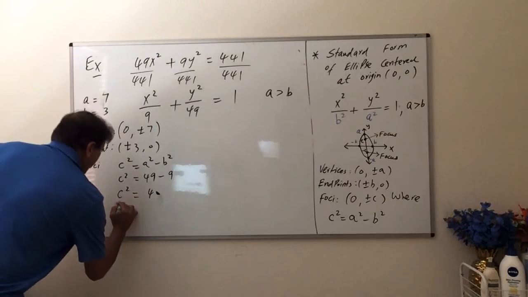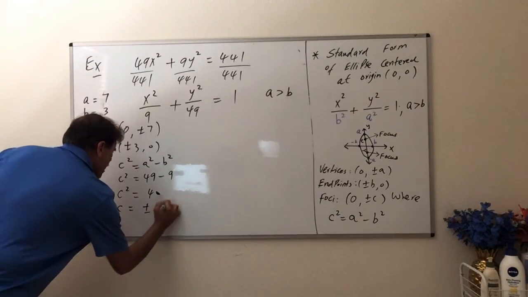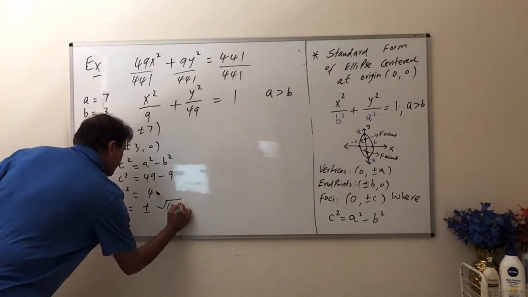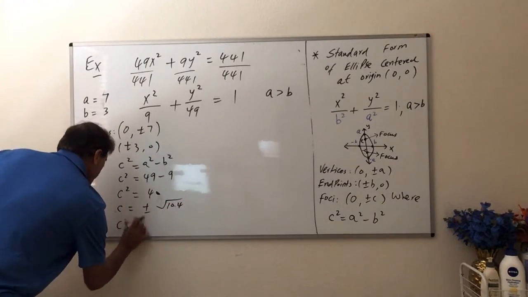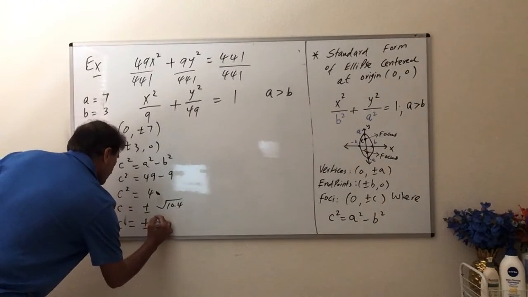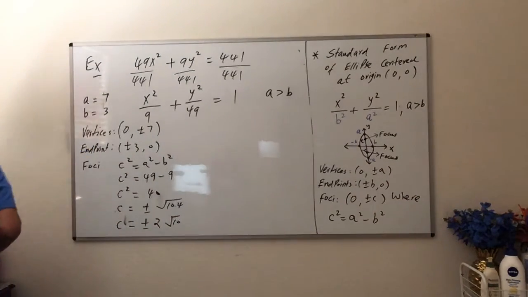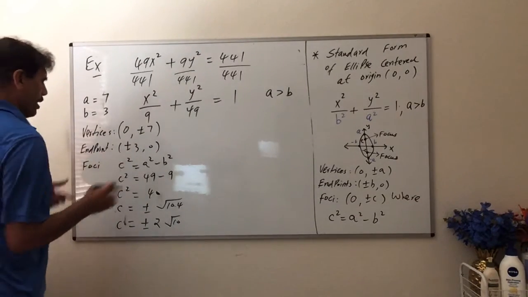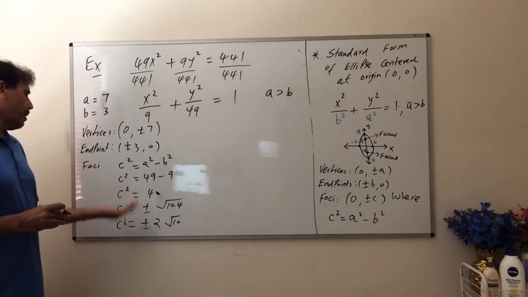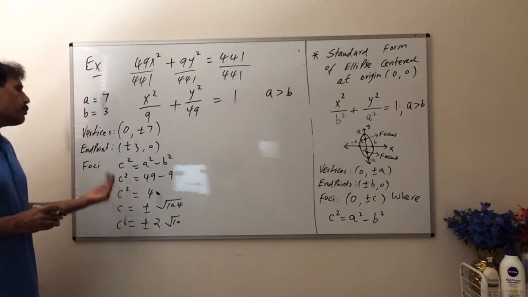So c equals plus minus the square root of 40, which is 2 root 10. So when you write it, you write 0, comma, plus minus 2 root 10.